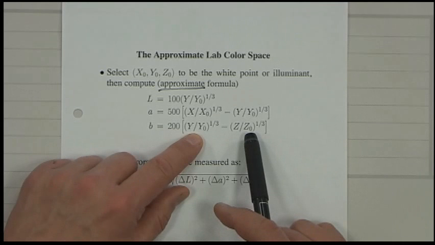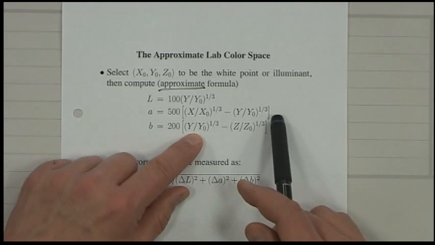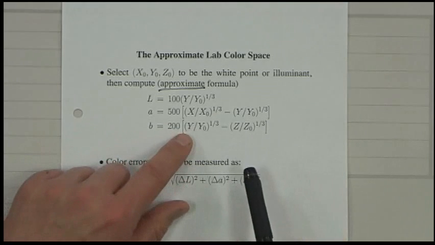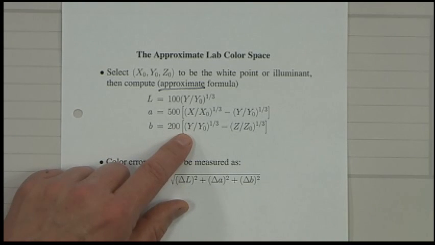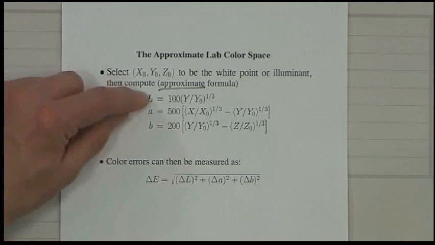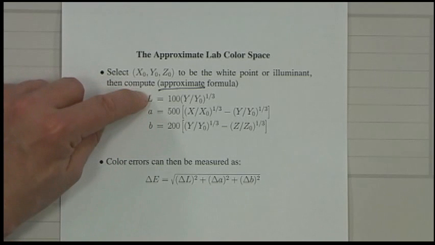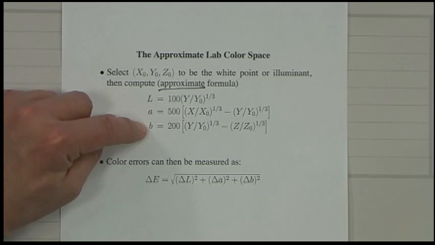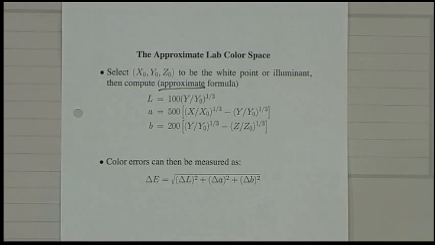The blue-yellow is less important than the red-green in that it falls off more rapidly and you have less sensitivity because you have fewer short cones. But what's a little bit surprising is that L, with its component of 100, is smaller than A and B.